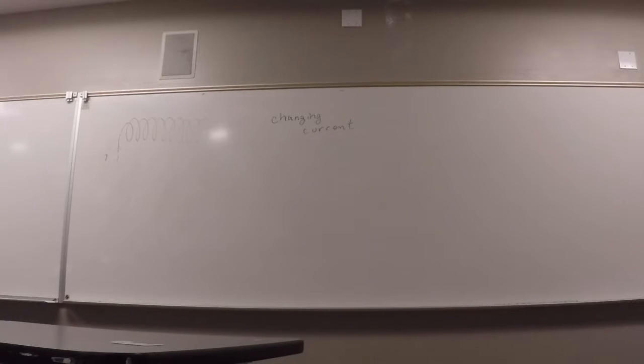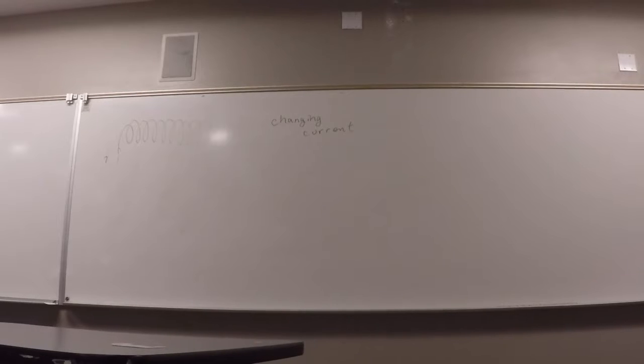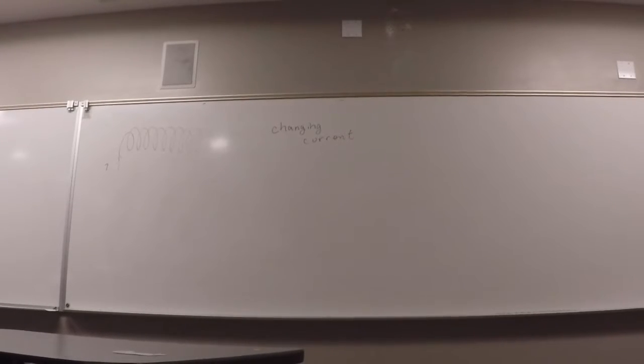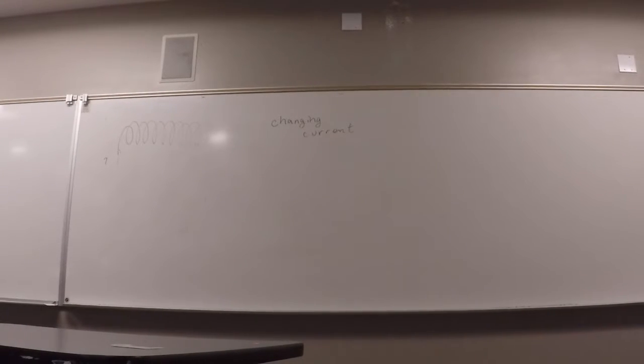So I have a loop, I change a current, which changes the magnetic field inside of that loop, which changes the flux inside of that loop. I'm trying to change the magnetic flux inside of that loop by turning up the battery or turning up whatever it is I'm doing outside.